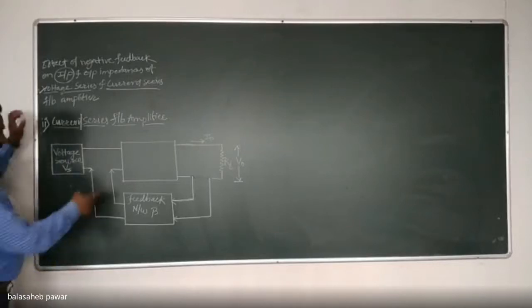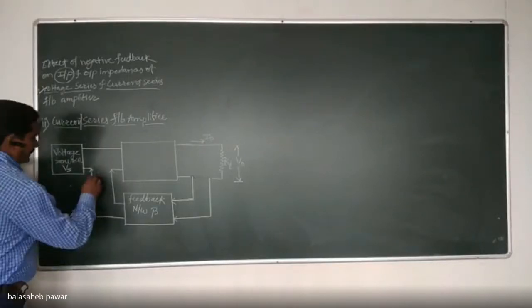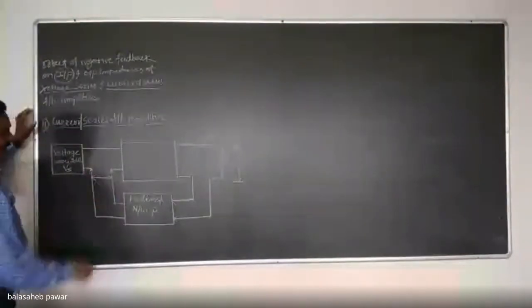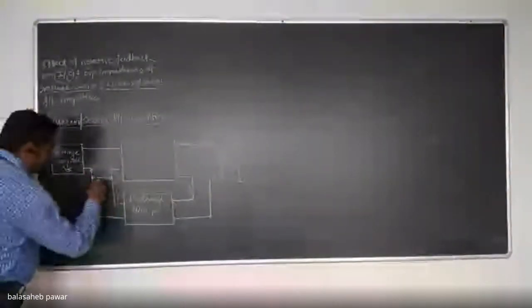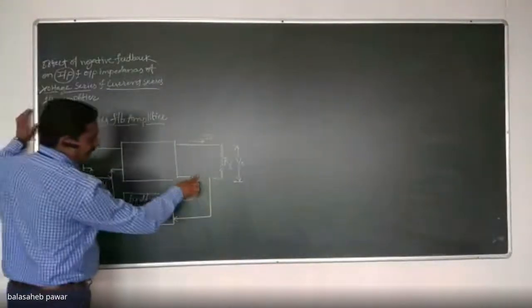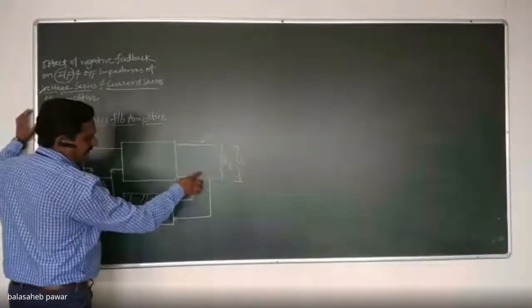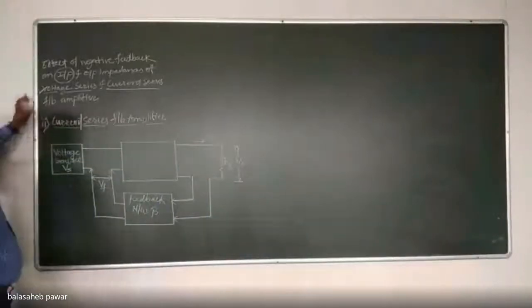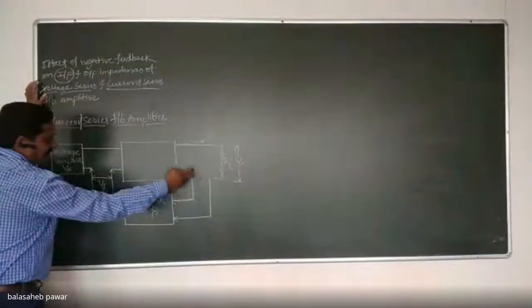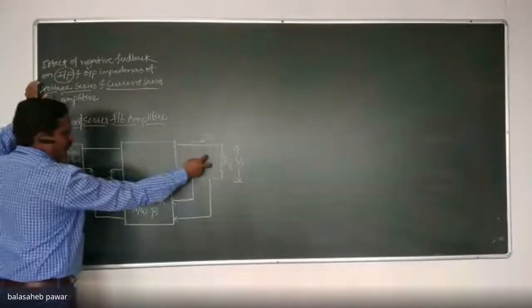Now about the feedback signal. What will it be? As the feedback is connected in series, Xf should again be Vf. Now the sample taken is a current sample, that's why it is connected in series to the load resistor. To take a current sample from the basic amplifier, its output should be a current.